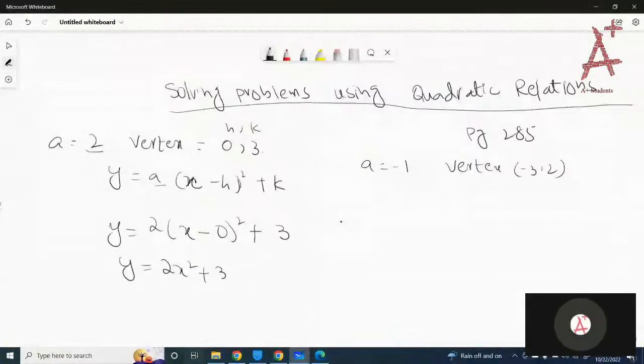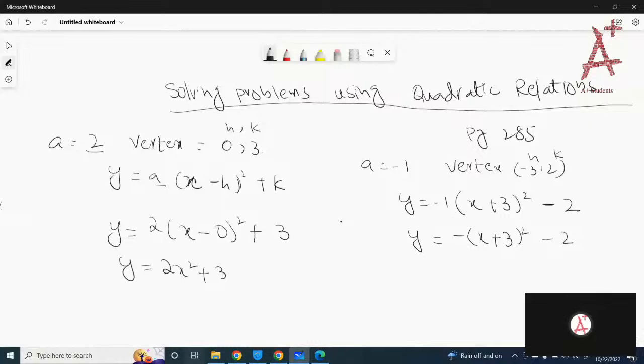So write the equation y equals negative 1, x minus h, and this is k, negative 3. So it would be plus 3 whole square and minus 2. Got it? So this is y equals negative (x plus 3) whole square and minus 2. Got it?